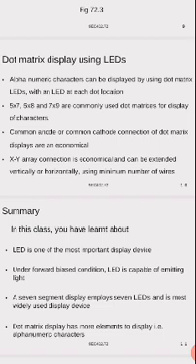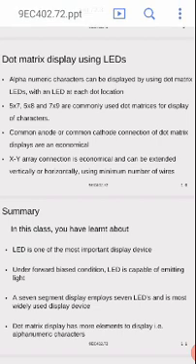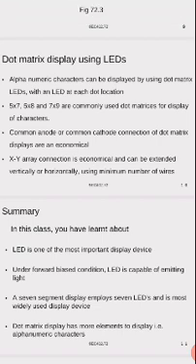Under forward biased condition, an LED is capable of emitting light. A 7-segment display employs 7 LEDs and is the most widely used display device.